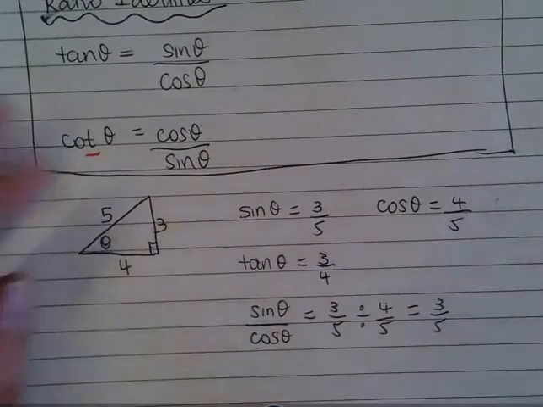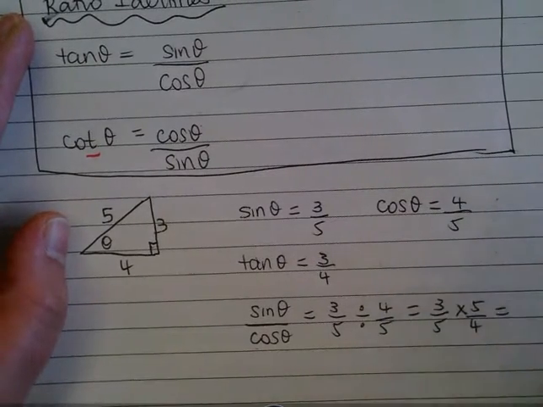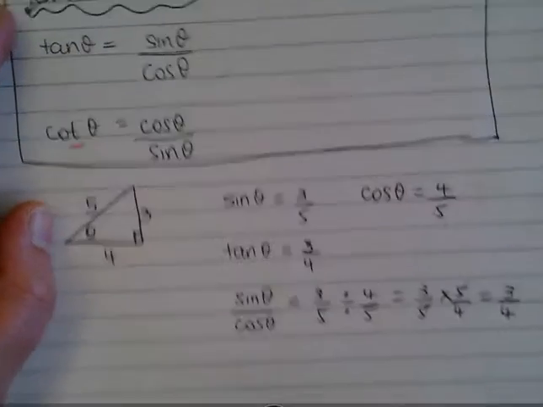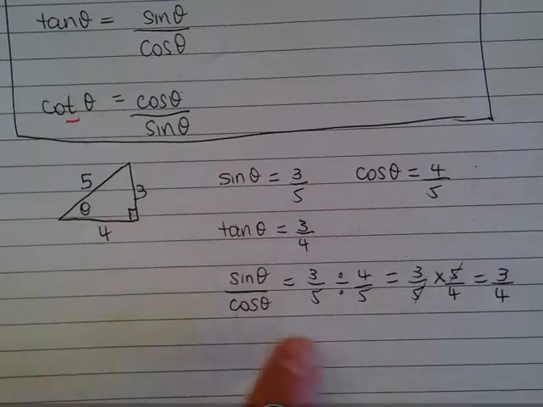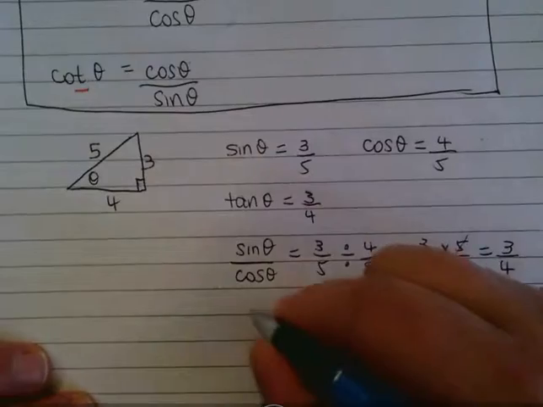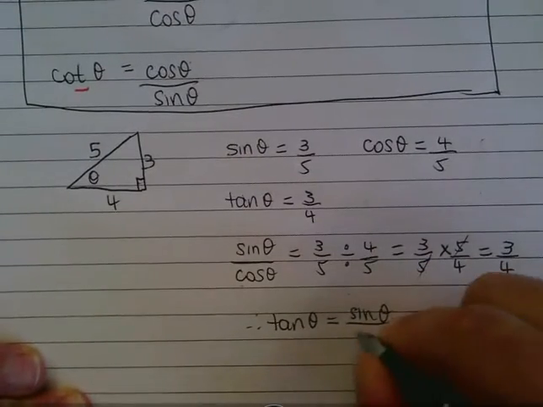How do you divide by a fraction? You multiply by the reciprocal, and what do you get? You get 3/4. So therefore, we can see that tan theta equals 3/4. Sine theta over cos theta is also equal to 3/4. Therefore, tan theta equals sine theta over cos theta.